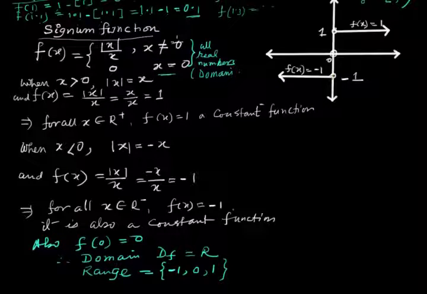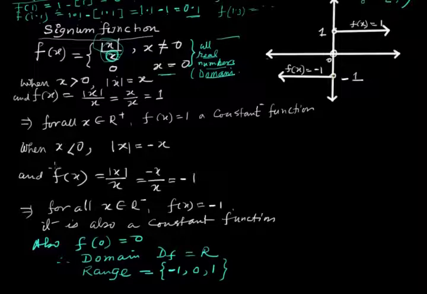So from 0 to infinity and from minus infinity to 0, the function is defined as |x|/x, and at 0 it is defined as 0 because if you put x equal to 0 here, it would be undefined. Ultimately we get all real numbers, so the domain is all real numbers.